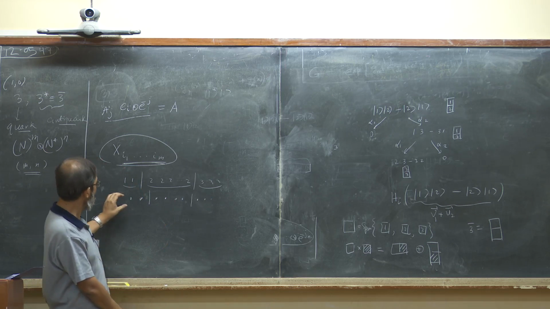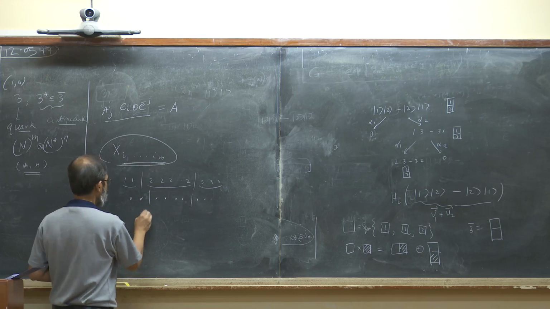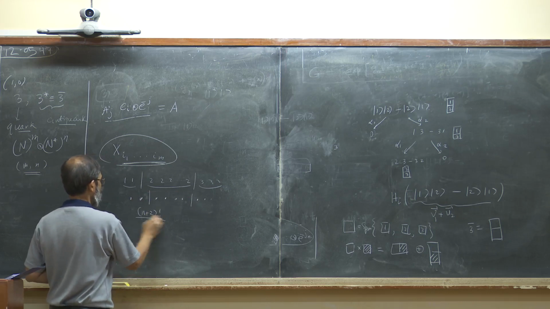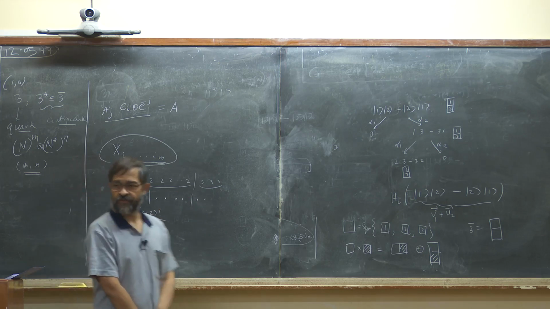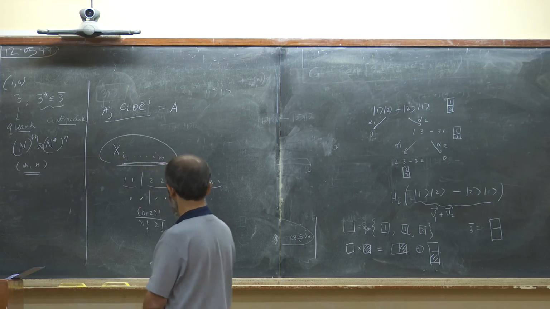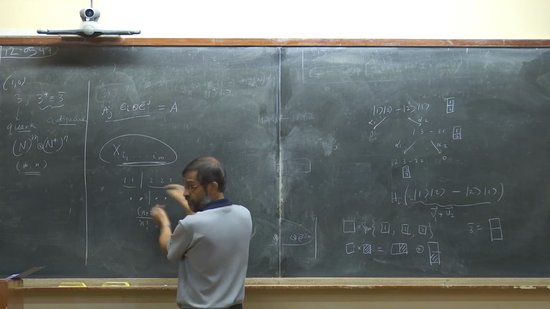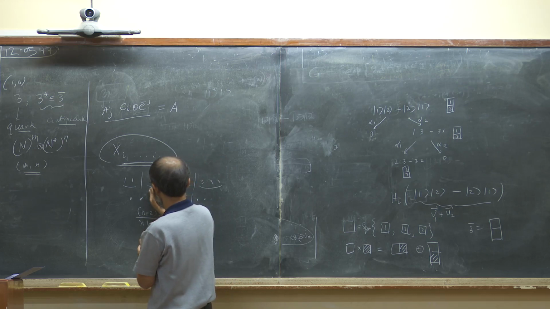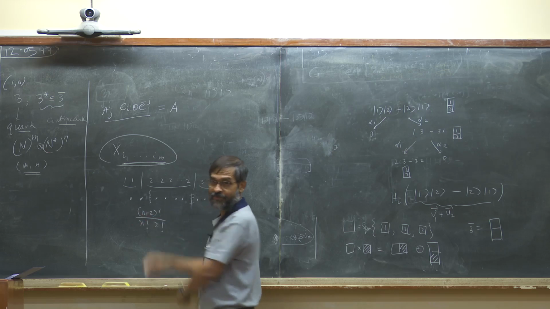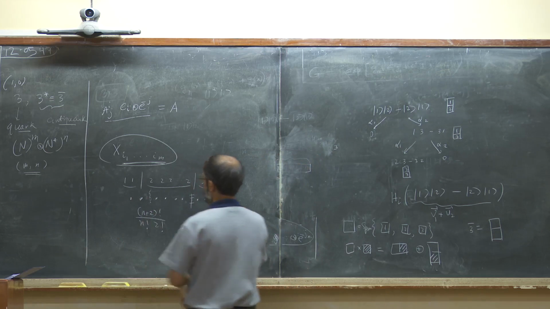So do the counting only for n points with 2 partitions. The answer is n plus 2 factorial divided by n factorial times 2 factorial. This 2 factorial is because I don't care which partition is which; they are identical partitions, identical points.